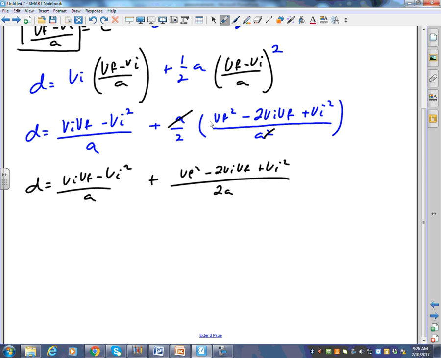All I did there was cancel that A and the A squared, left an A on the bottom and multiplied the 2 in there. It is a pain to have to write that whole thing out again. I have to remember to go slow and make sure everyone gets this step. And now I always ask the question.